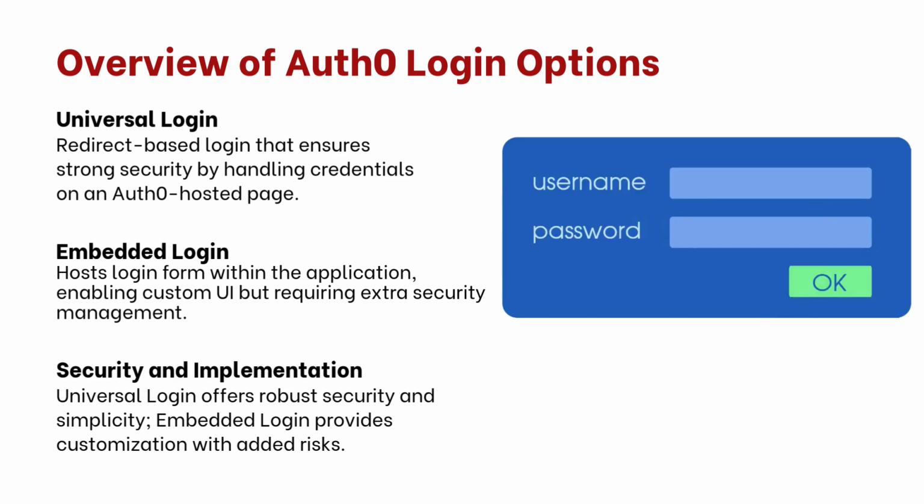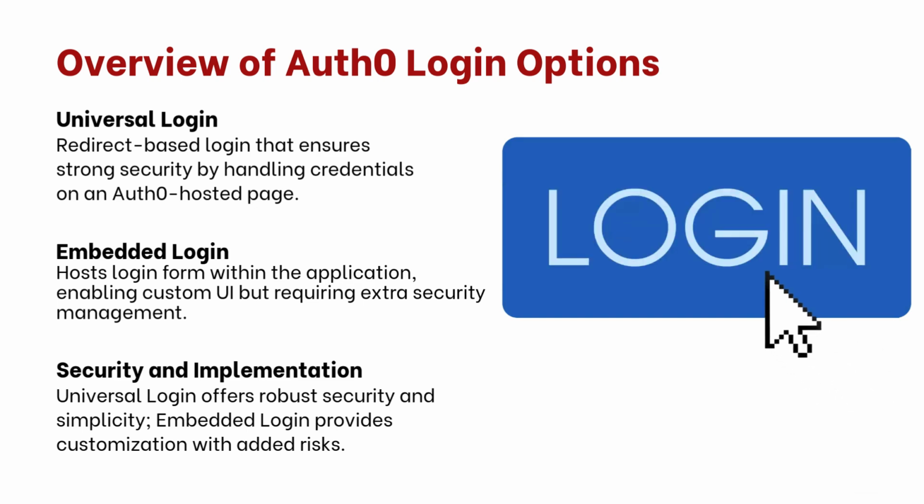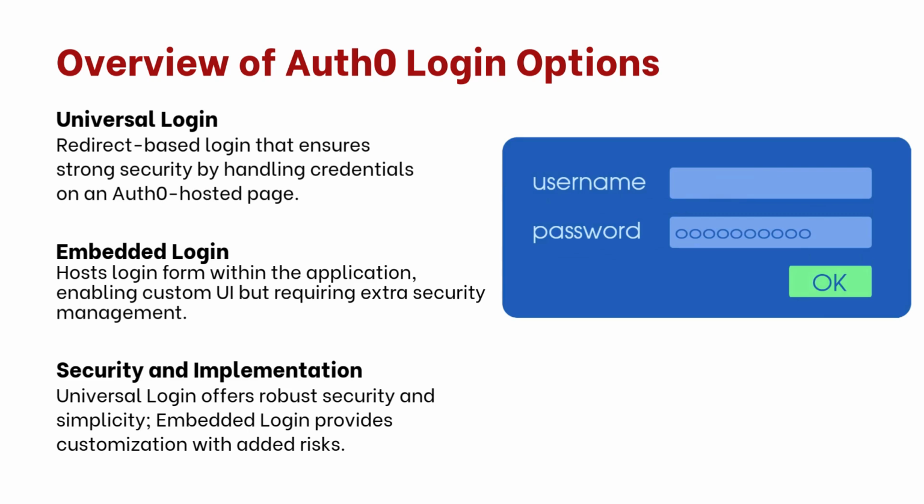Embedded login, on the other hand, allows developers to host the login form within their own application, giving full control over the user interface and experience. While this flexibility can be appealing for highly customized branding or native app scenarios, it introduces additional security considerations such as proper handling of credentials, cross-origin resource sharing configuration, and potential exposure to phishing attacks.